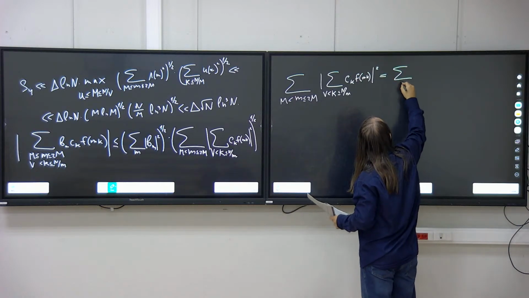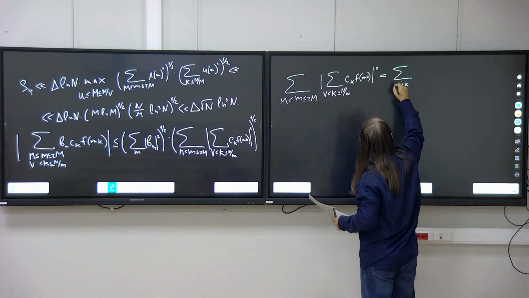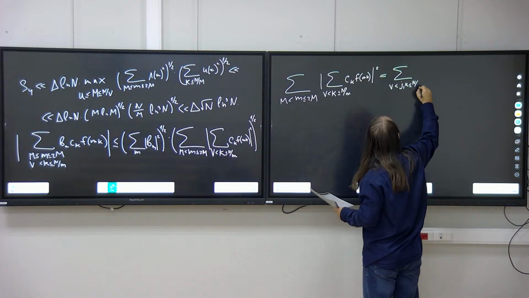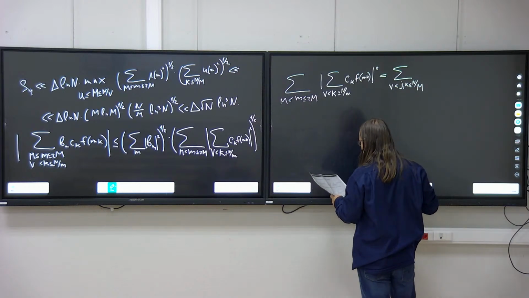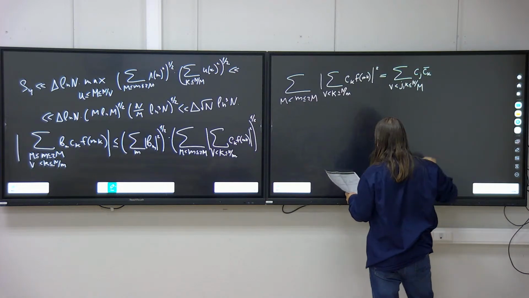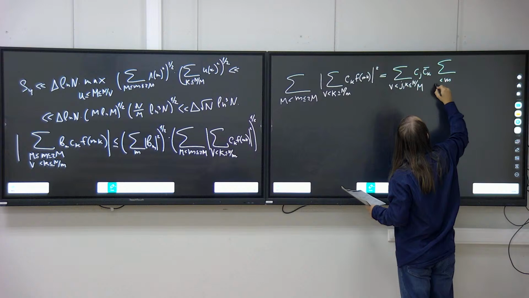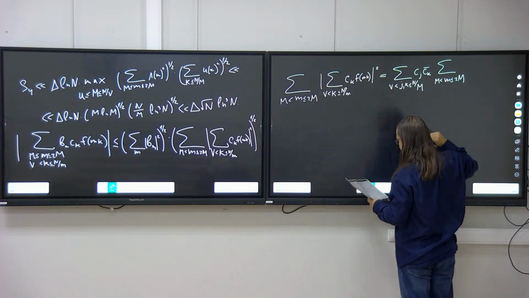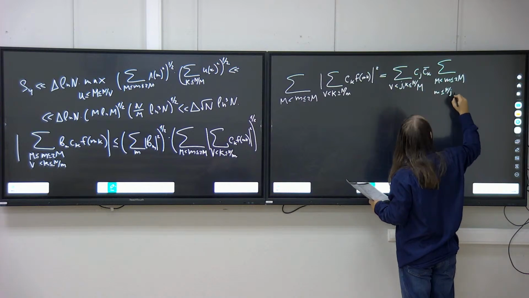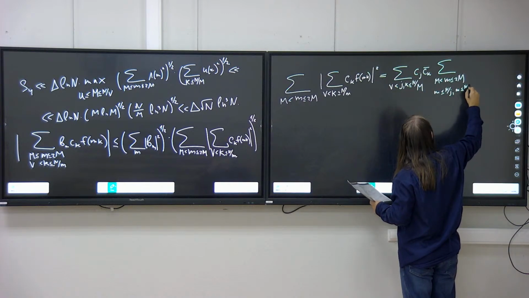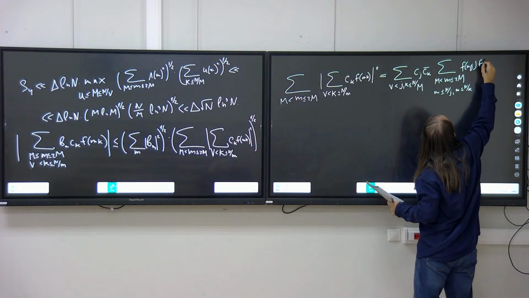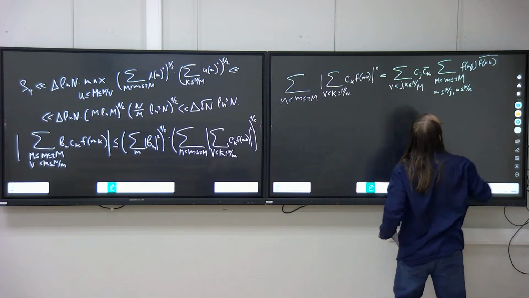Sum over all j and k between V and N over capital M. Then you get c_j c_k conjugate, sum over all m between M and 2M, where m is at most N over j, m is at most N over k, f of mj, f of mk conjugate.